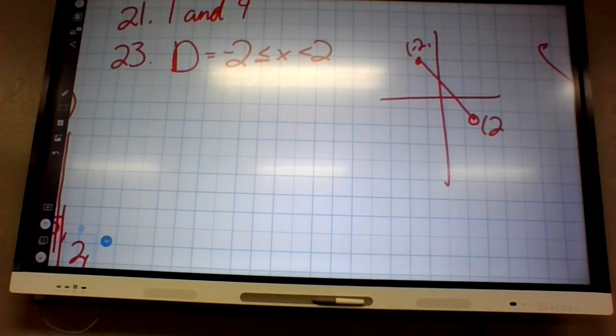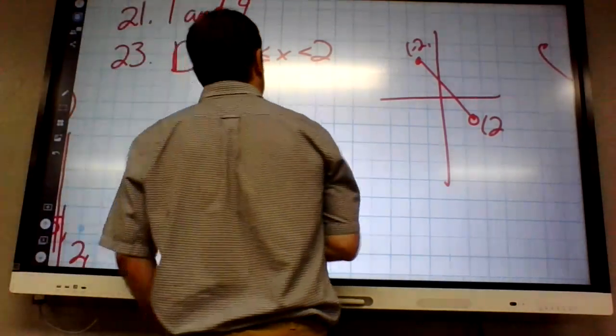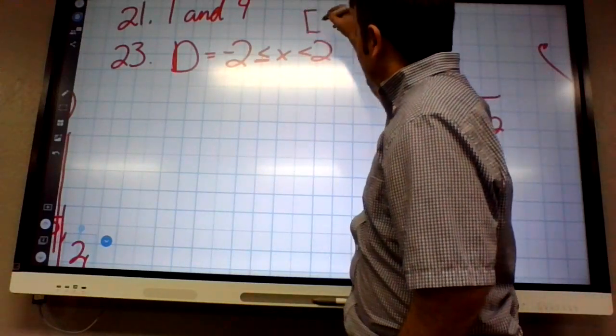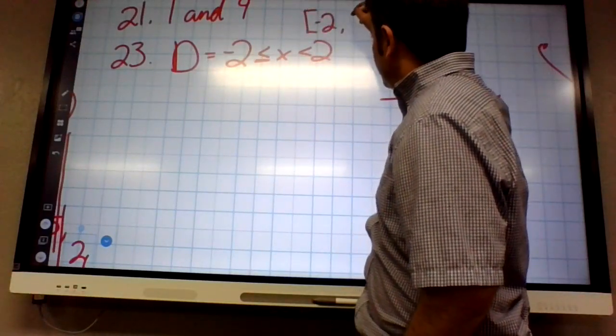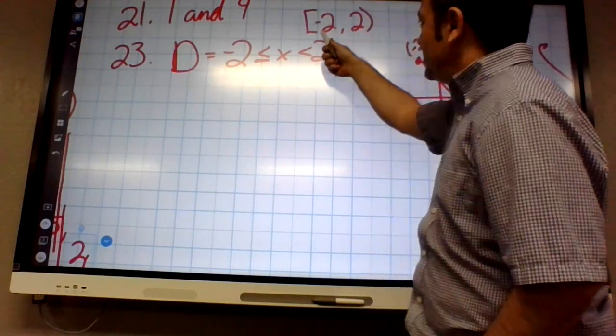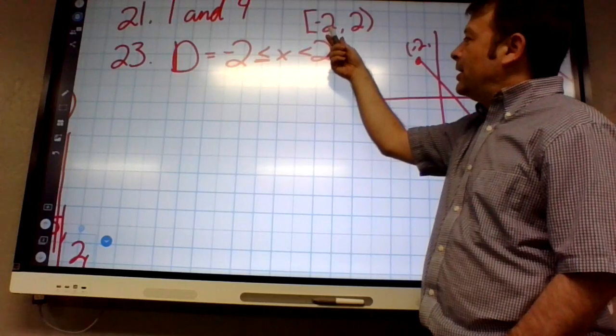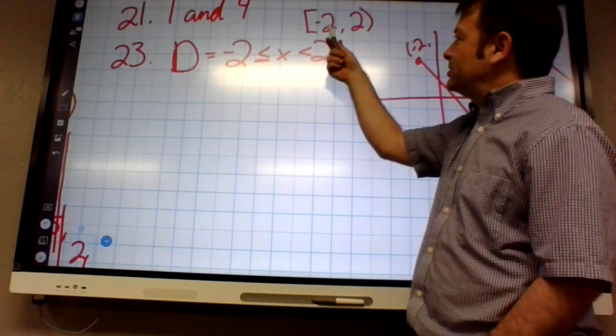I'm going to explain something to you because you might have to do this if you take a college class, or some other books would write this differently. They would write it as between -2 and 2. I actually kind of prefer that way, but this book doesn't do it. So does that make sense?